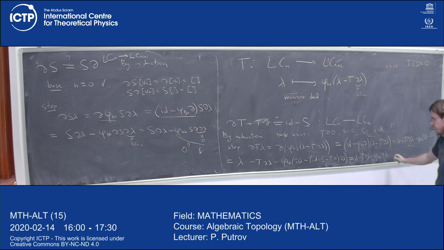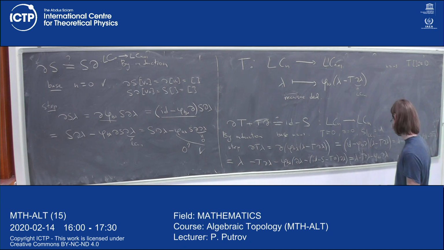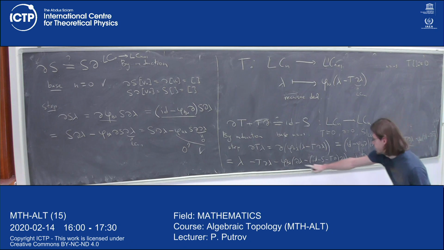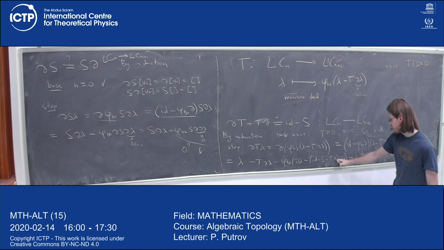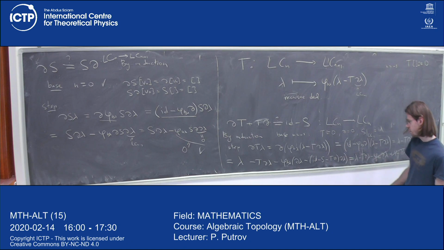Okay, fine. So this is the same, and then it will be plus phi d lambda. This is just identity, so this cancels out. And this last term will be 0 because the composition of d with d is 0.